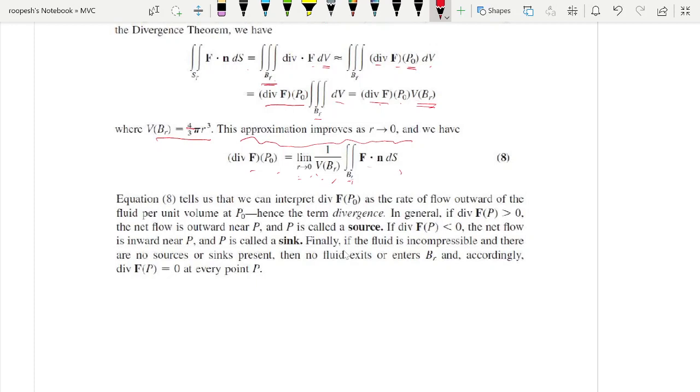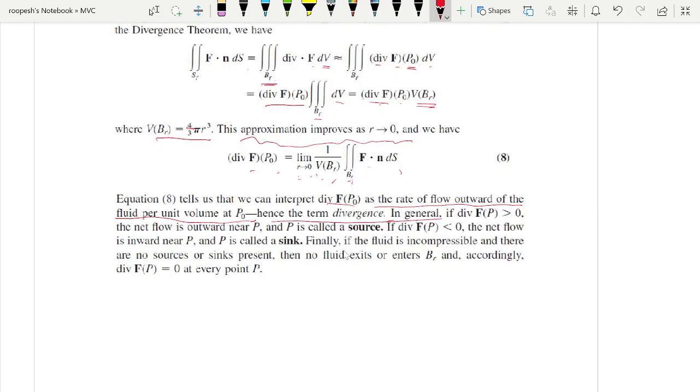Now this equation tells us that we can interpret divergence of F at P naught as the rate of flow outward of the fluid per unit volume at P naught. I repeat, this says that divergence of F at P naught is the rate of flow outward of the fluid per unit volume at P naught. Hence the term divergence in general.